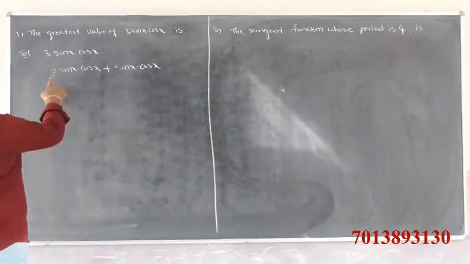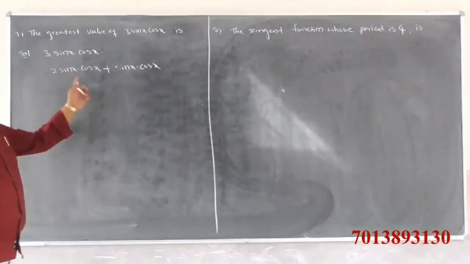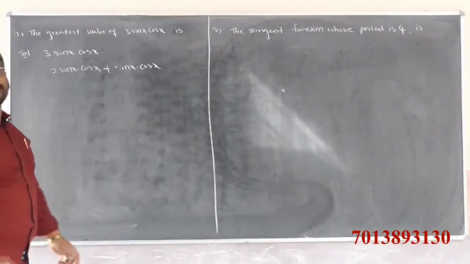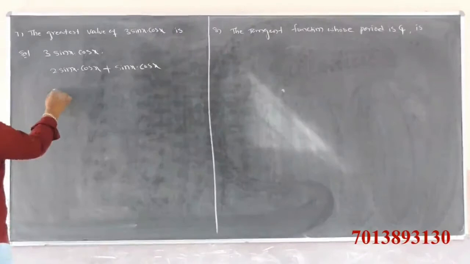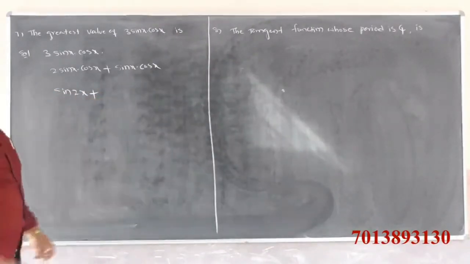Already we know the formula 2 sin A cos A, which is nothing but sin 2A. So 2 sin x cos x gives us sin 2x.